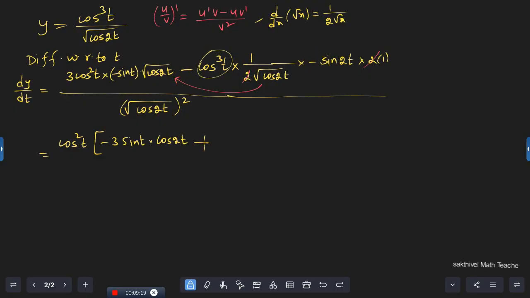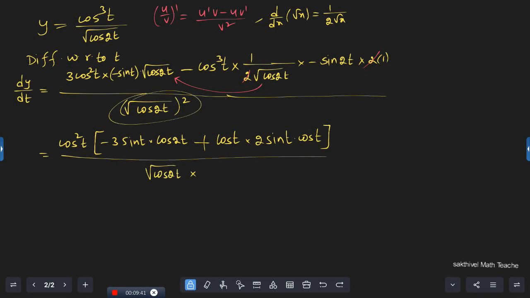From cos cube, 1 cos square I took outside, so 1 more cos will be there inside. And the sin 2t formula we know: 2 sin t into cos t. Same steps only I'm doing. I hope you understand. After taking the cross multiply, root cos 2t will come in the denominator. Square and root you can cancel here.